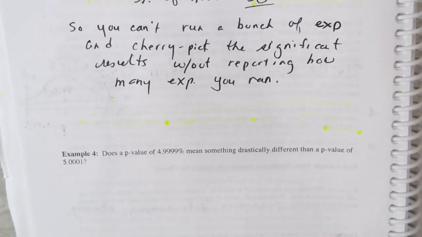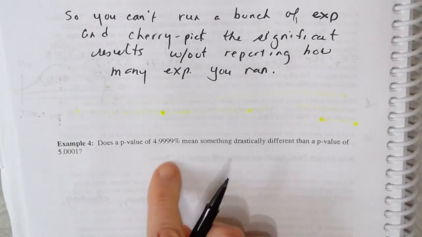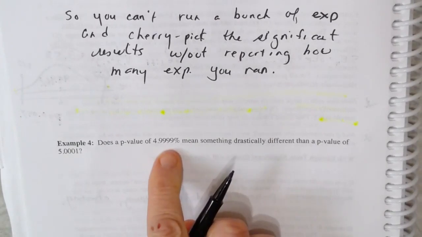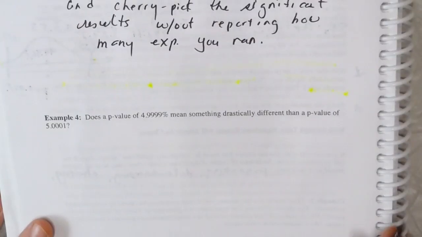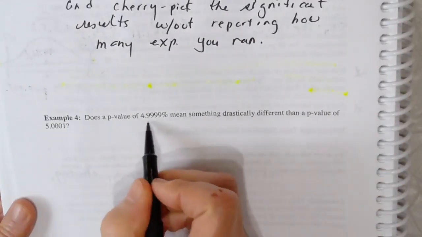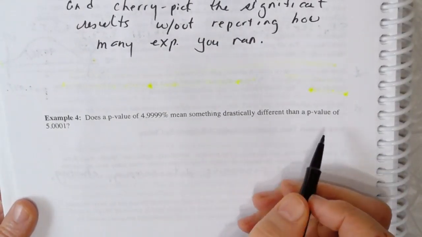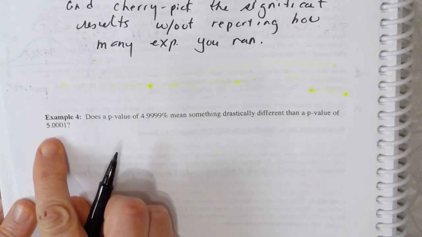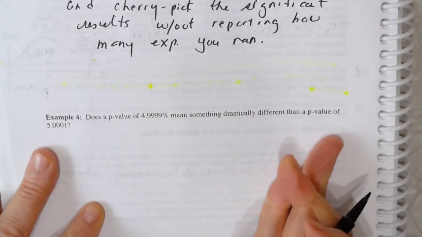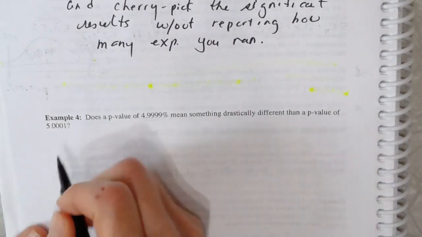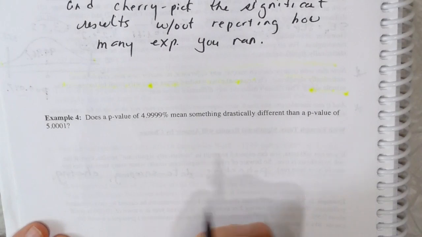And the last thing I want you to remember is that there's nothing sacred or special about the 5% cutoff. It's just a convention. Does a p-value of 4.999 mean anything different than a p-value of 5.001? Not really. There's no mathematical justification for the 5% cutoff.